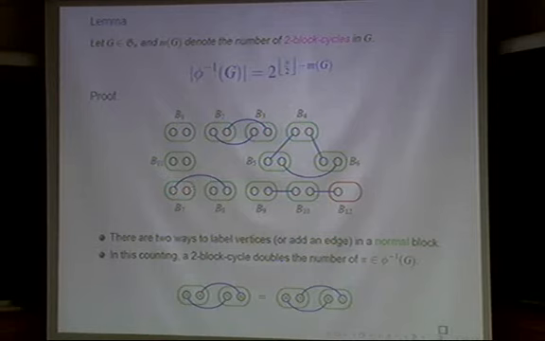So we multiply by 2 this many times and then divide by this number, because this can be obtained in two ways, but they are considered to be the same. So we have the cardinality of this set. This is the main lemma.